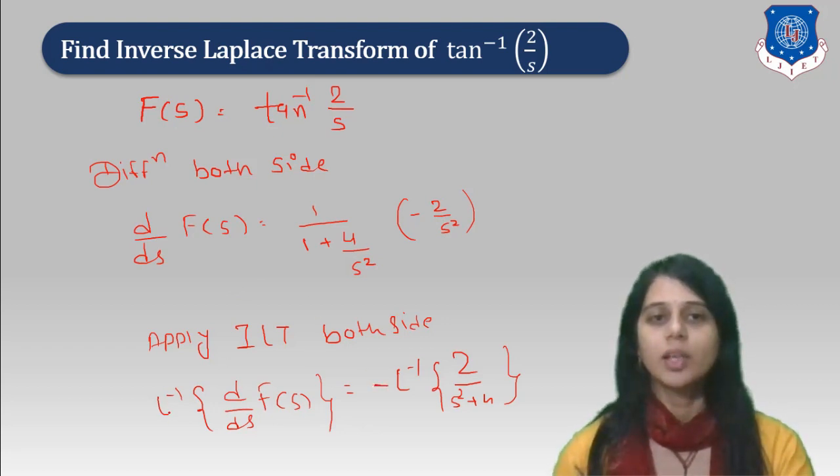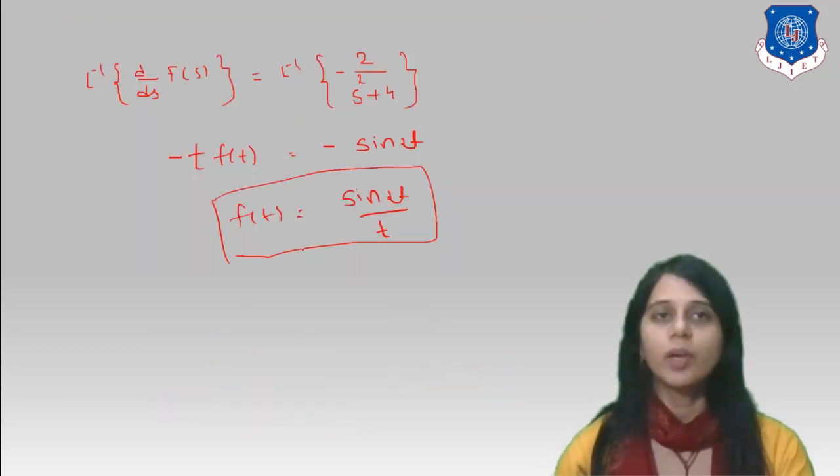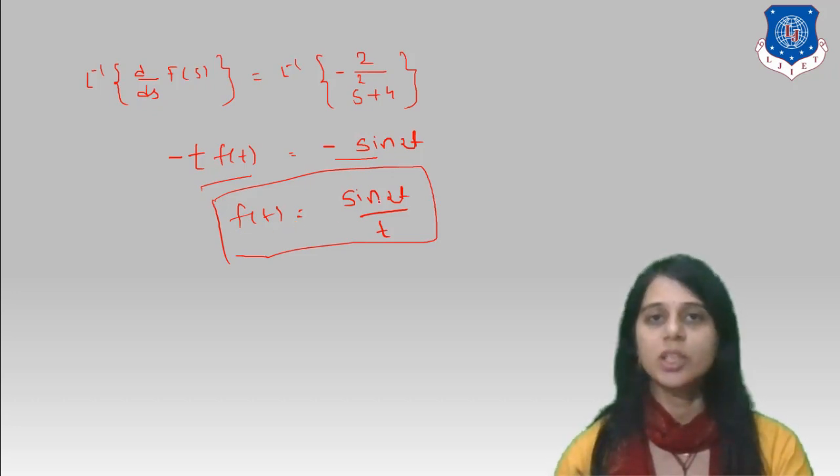We get the Laplace inverse of d by ds of F of s, minus sign as it is, equal to the Laplace inverse of 2 upon s square plus 4. Finding the inverse, the left hand side is minus t f of t and the right hand side is minus sine 2t. Taking f of t as the subject, the answer is sine 2t by t.